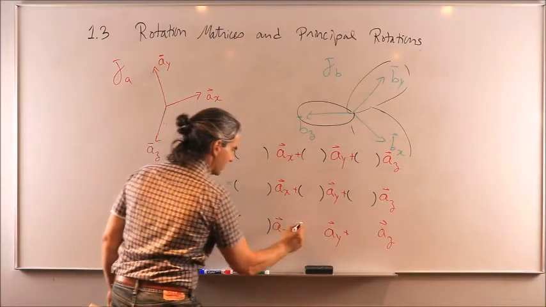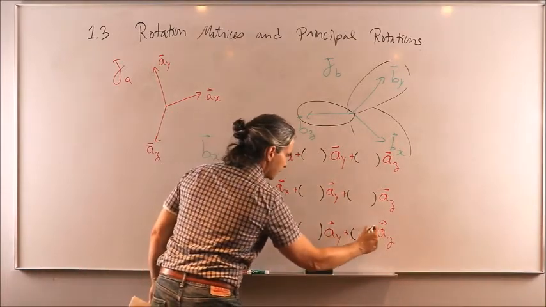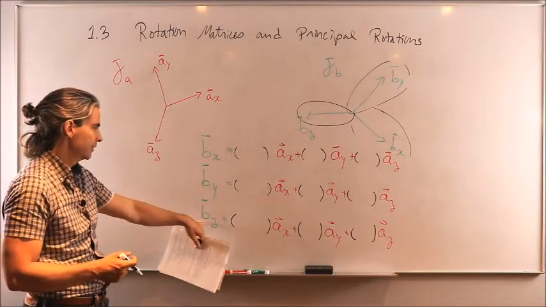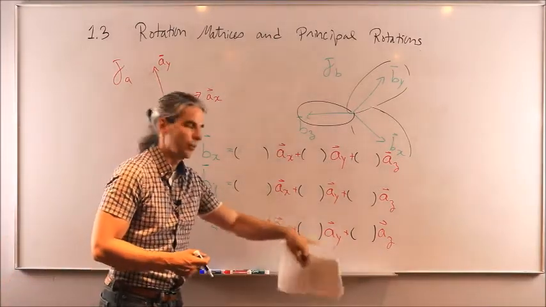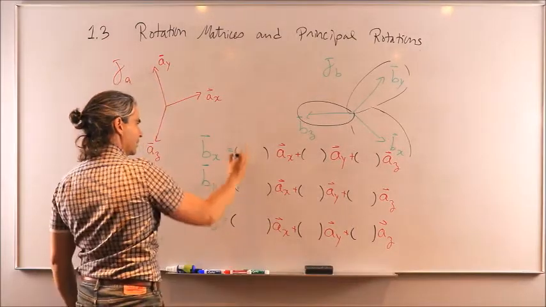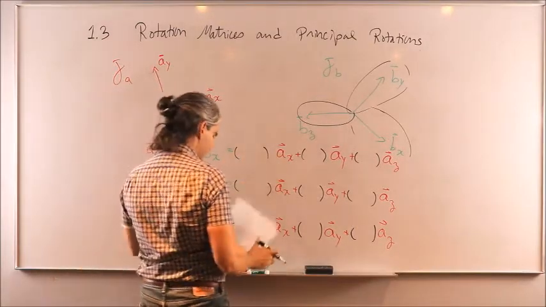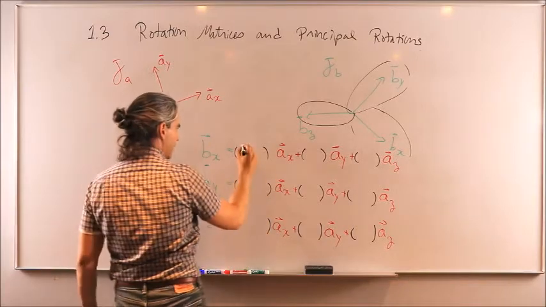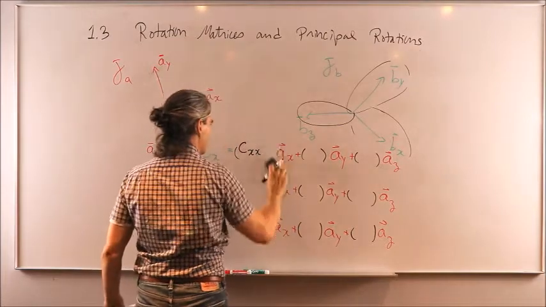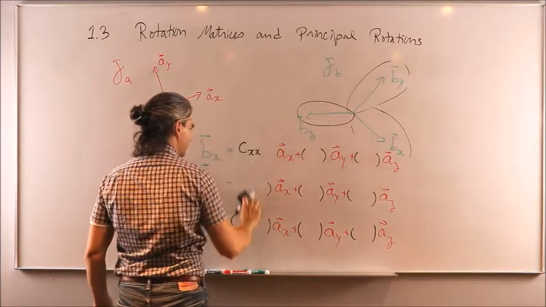And same here. Three scalars that are telling me the orientation of Bz with respect to Ax, Ay, and Az. Okay? And those scalars that are missing in those parentheses will simply be denoted as Cxx. I'm going to remove the parentheses for cleanliness.